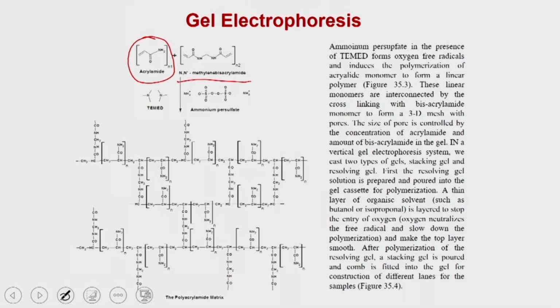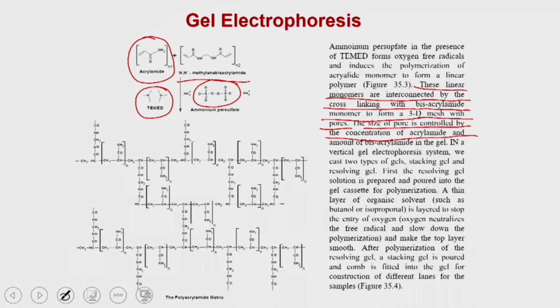When you put them together in the presence of TEMED and ammonium persulfate, these linear monomers are interconnected by cross-linking with the bisacrylamide to form a 3D mesh with varying pores. The size of the pore is controlled by the concentration of the acrylamide and the amount of bisacrylamide present in the gel.